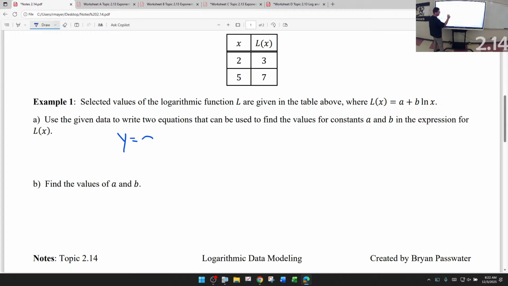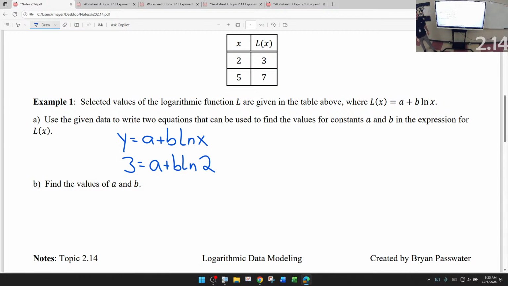Y equals a plus b ln x, right? And what did they give me? Well, they gave me an x and they gave me an ln of x. So I just got to plug and chug. I'm going to plug a 3 right here. And if I use the 3, I've got to use the 2.